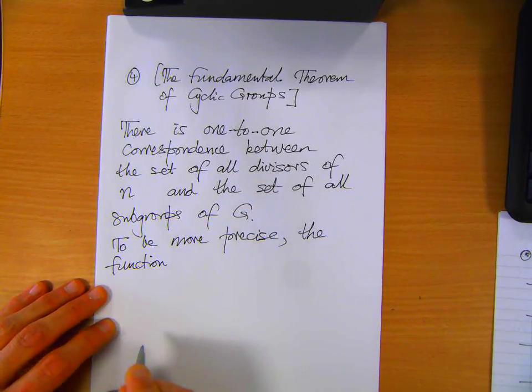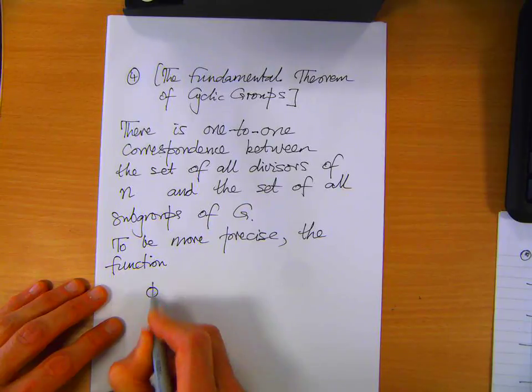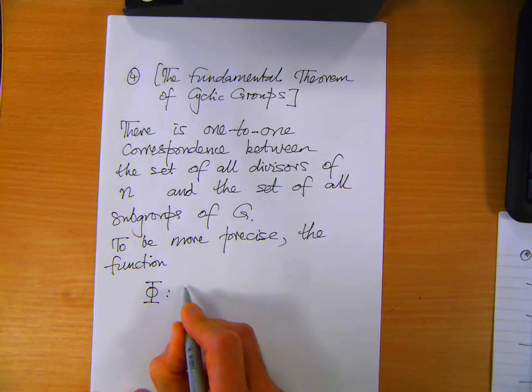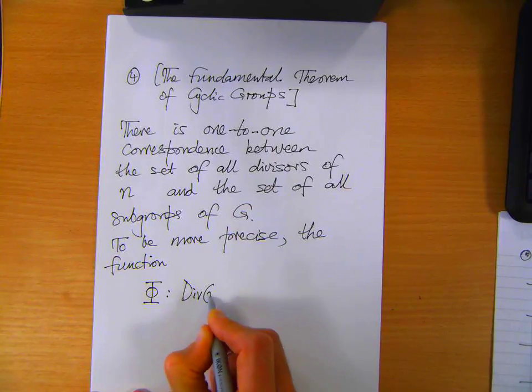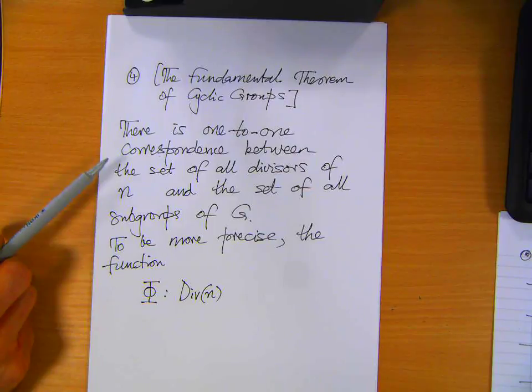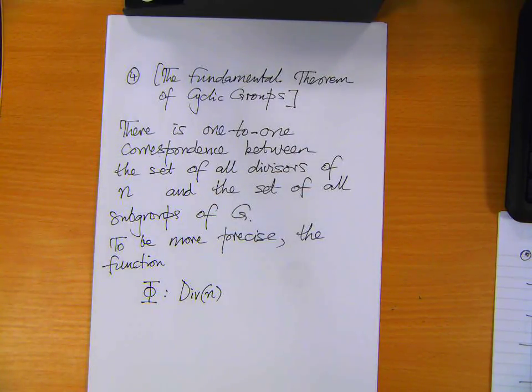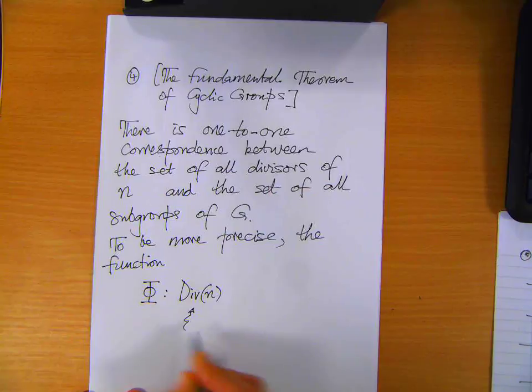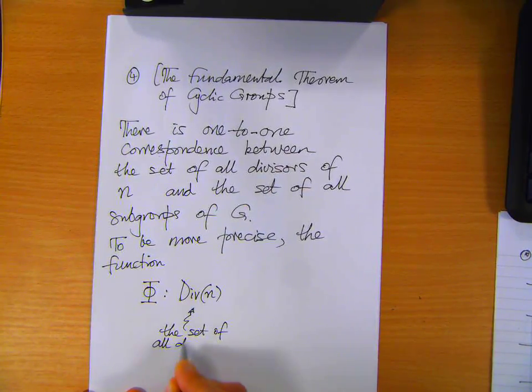There's no standard notation for this, so I'll just call it big phi. Big phi is a function that's going to give you this one-to-one correspondence. So div n, which isn't really standard notation either, is the set of all divisors of n.